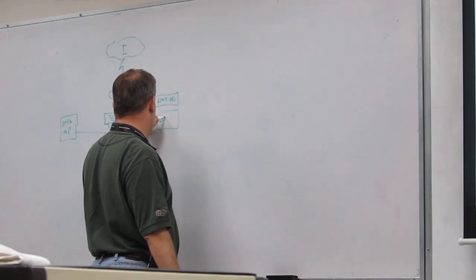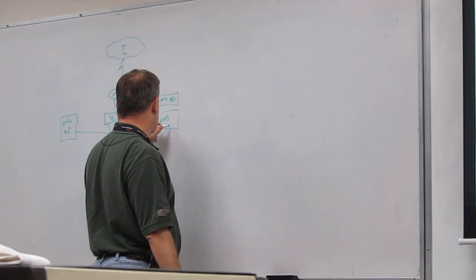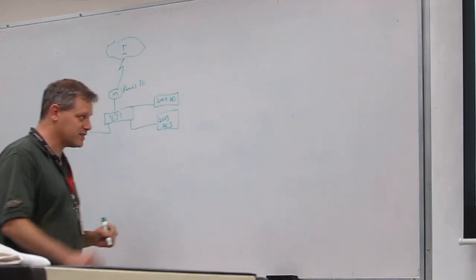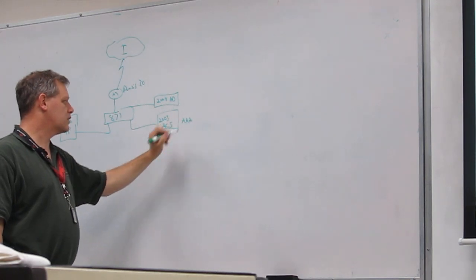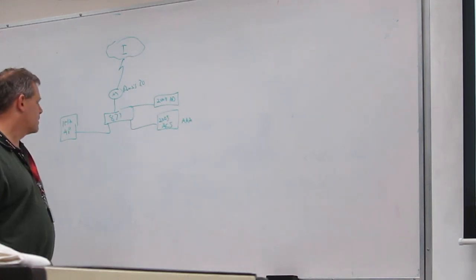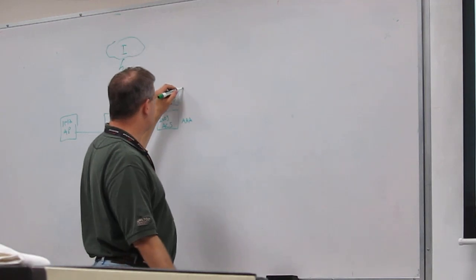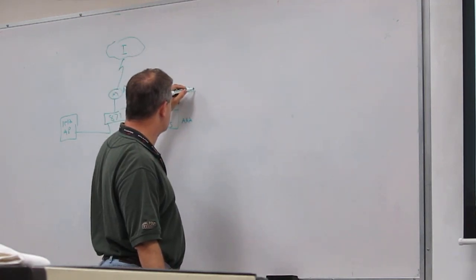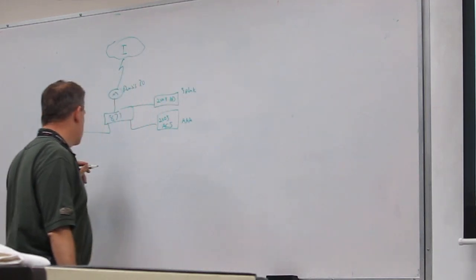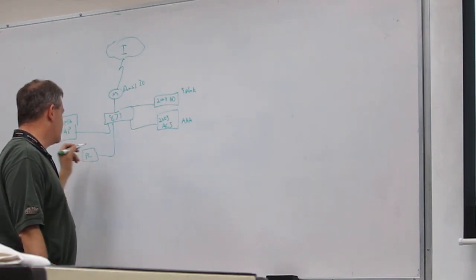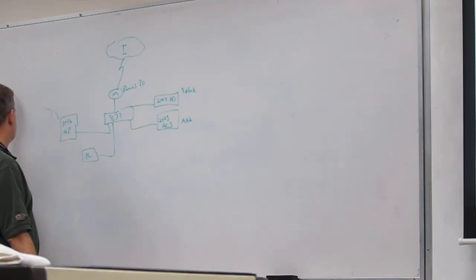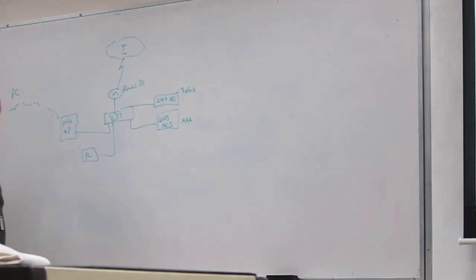I have a 2003 box that runs Cisco ACS, that is my AAA server. I also have Splunk running on this. Okay, I have several PCs that hang off of it, and PCs and laptops that hang off the wireless.